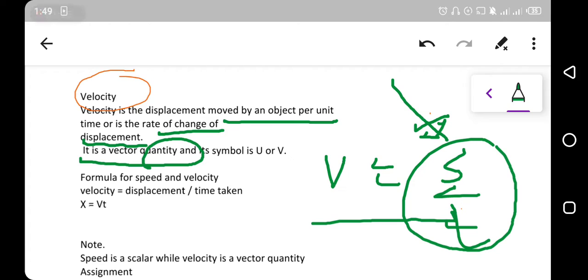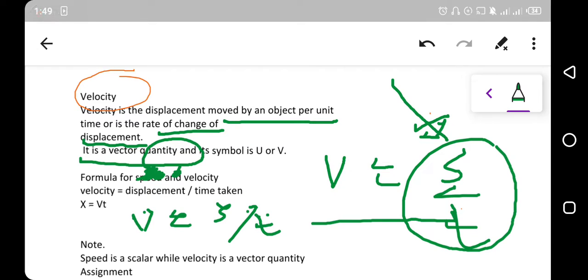So the formulas for speed and velocity. The formula for velocity is velocity equals displacement s over time taken, that is t.